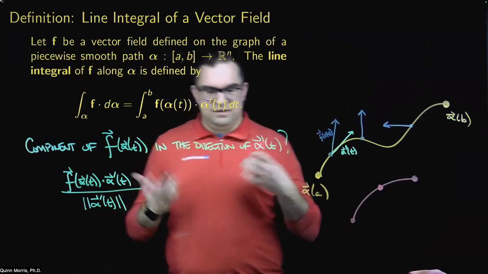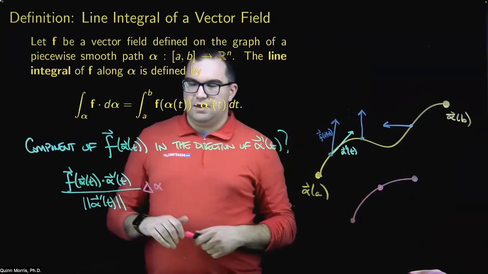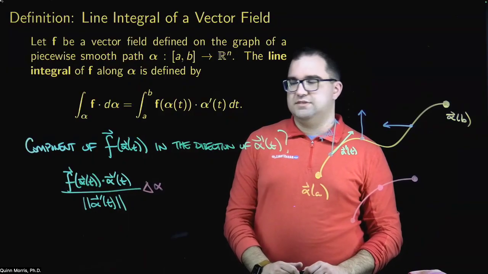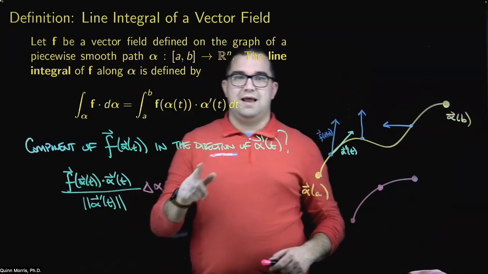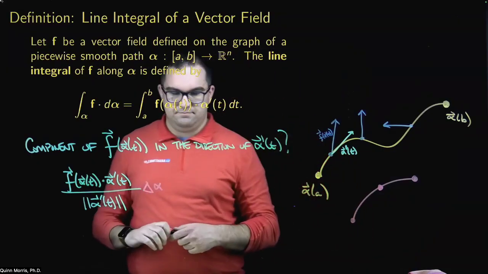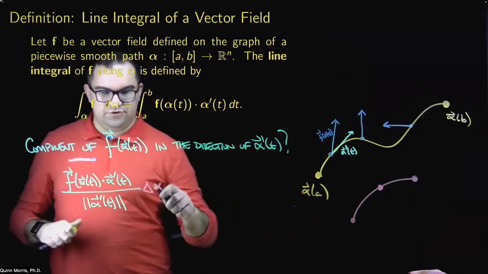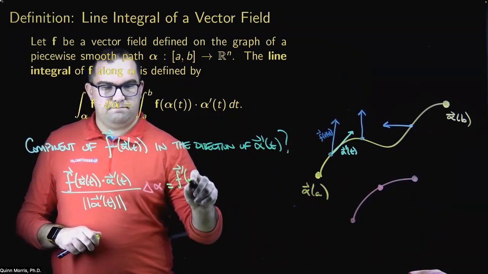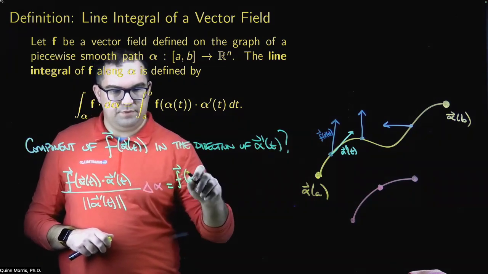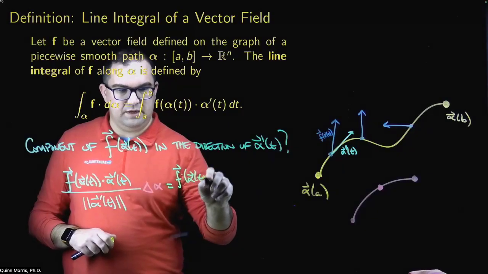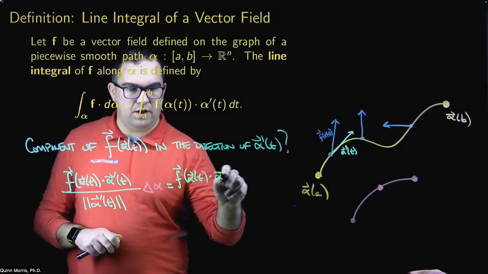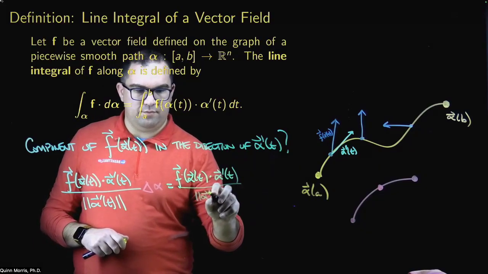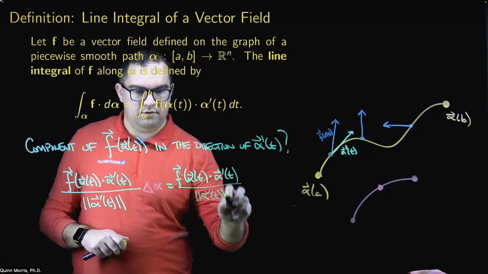So then, and again, this takes some derivation, but you can essentially apply the mean value theorem and say, if this is differentiable and I have alpha as a function of t, then this is really equal to f of alpha of t dotted with alpha prime of t divided by the norm of alpha prime of t.